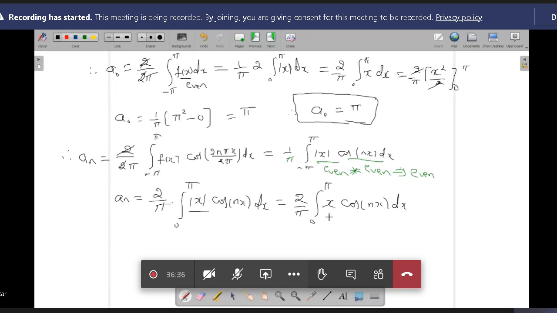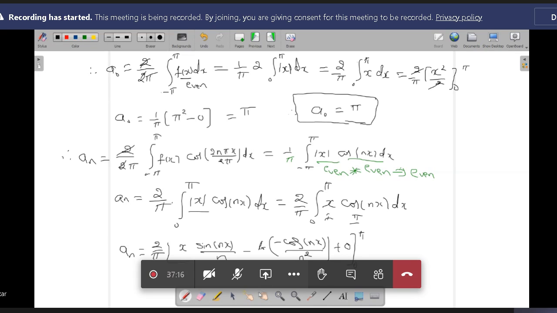So as usual, for the Leibniz rule, or you can apply, that becomes an equals 2 by pi, first function x into integration of cos, which is sin nx divided by n, minus derivative of x, which is 1, into integration of sin, which is minus cos nx divided by n, into n square, and derivative of 1 is 0, so plus everything is 0, limits from 0 to pi.